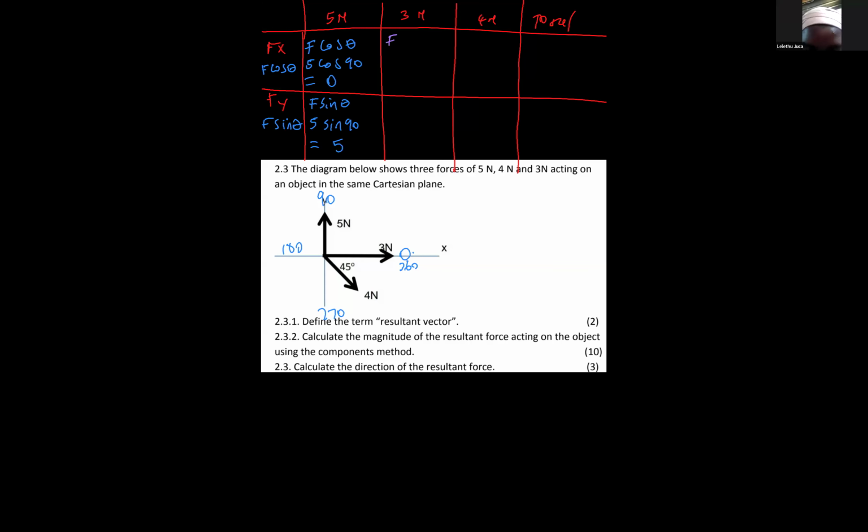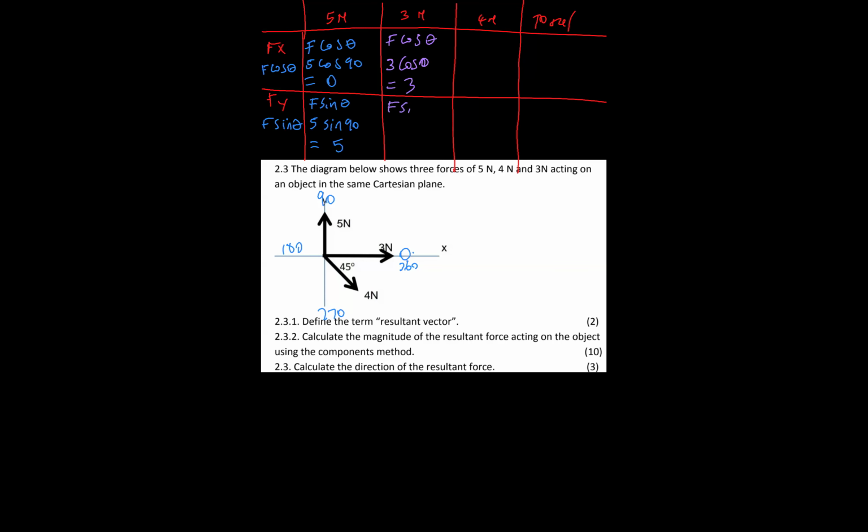3. F cos theta. What is our F? It's 3. Let us check the angle. What is the angle where 3 is? It is 0. Then that is 3 cos of 0. The answer is 3.